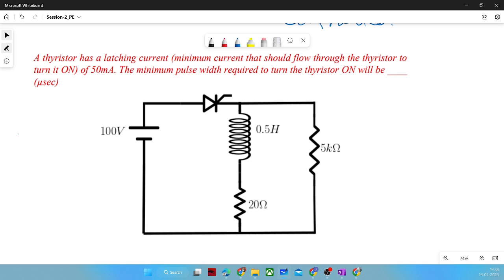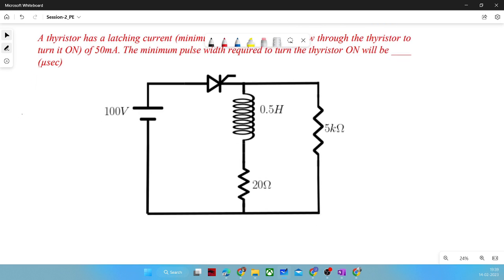So here the time will come from your RL circuit transient concept, and since it is connected to a source, your inductor is getting charged, and that charging current's expression is explained in terms of I naught.